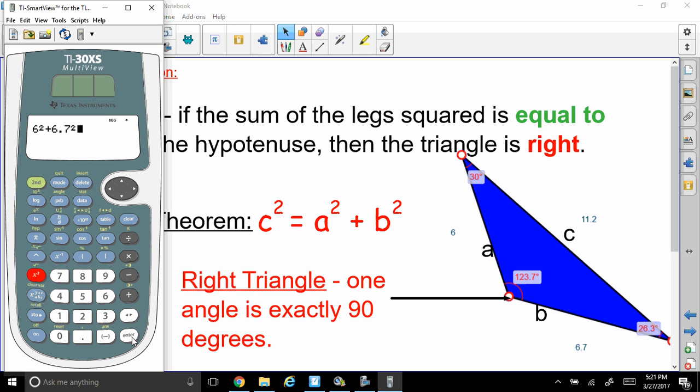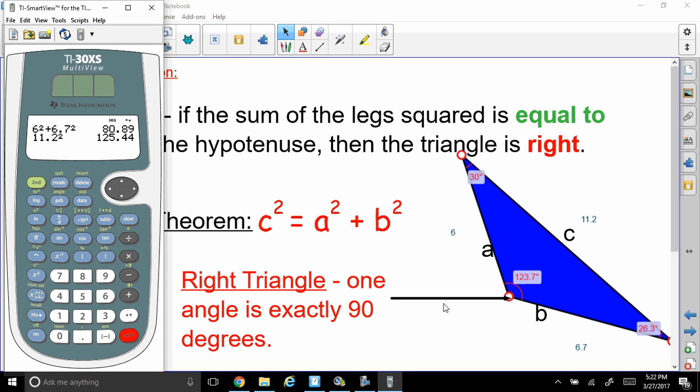And let's see what that equals to. 80.89. Now, let's take 11 squared. Well, I know 11 times 11 is 121, but 11.2 squared is going to be even greater. That's 125.44.